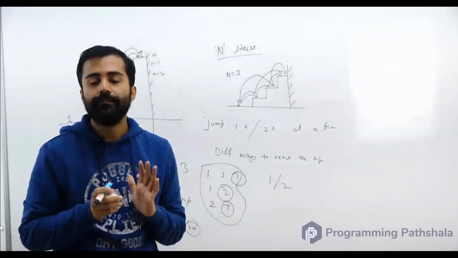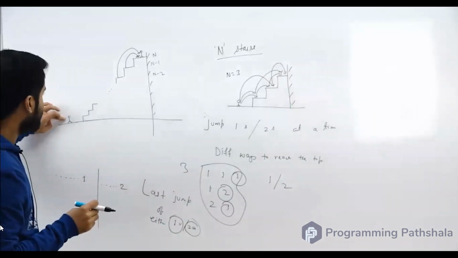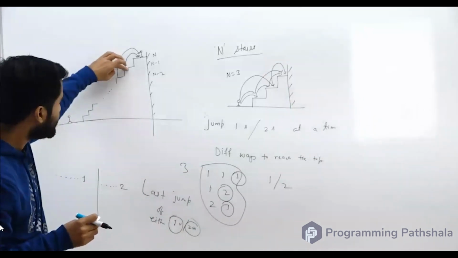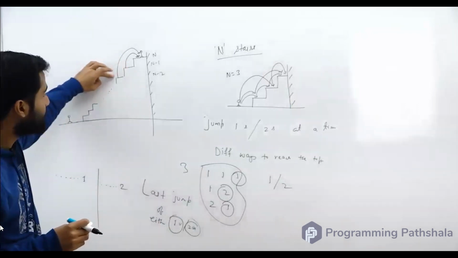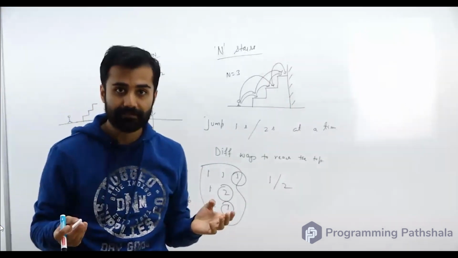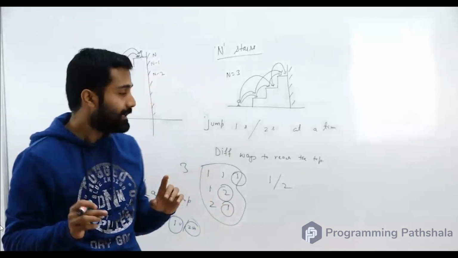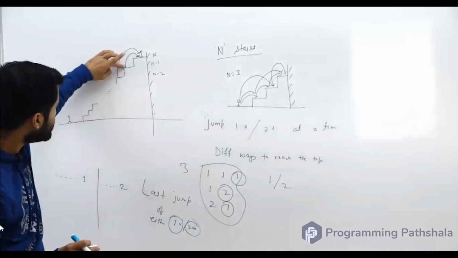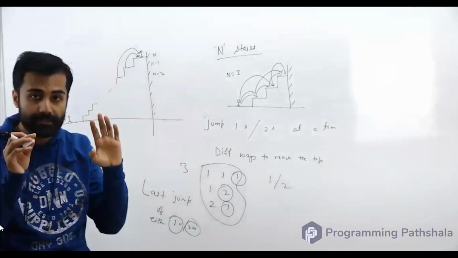Now, what can I say? I can say that if I know how many different ways there are in which this boy can reach here, and how many different ways there are in which this boy can reach here, then my job is done. I repeat: if I know both of those counts, then my job is done.